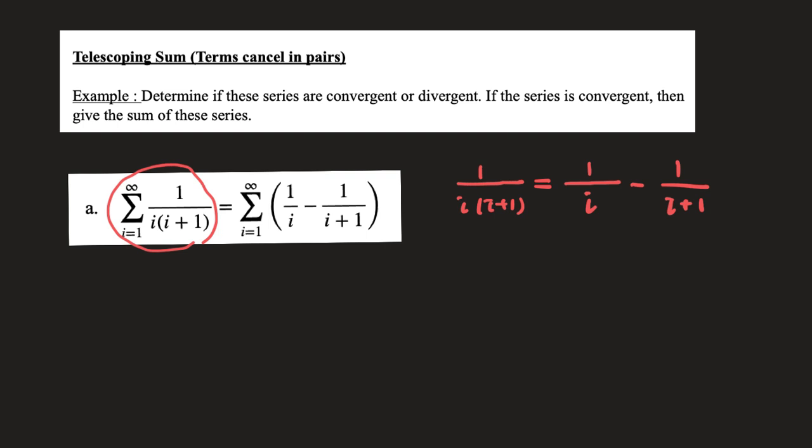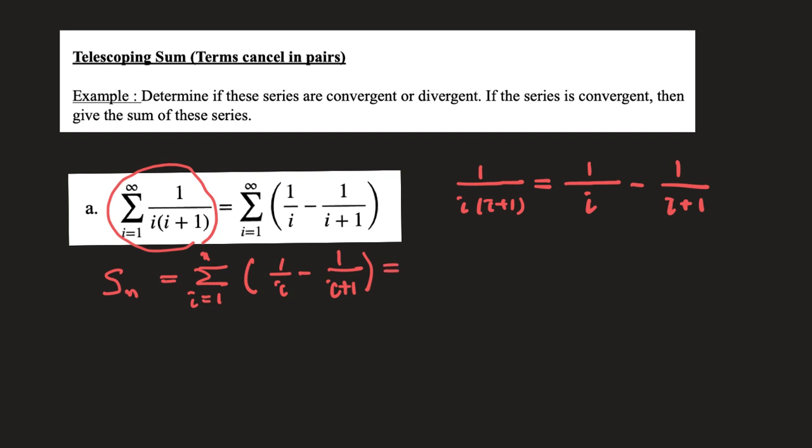Now, this one is a sequence. We have to find the partial sum. The partial sum is Sn, the summation i equal 1 to n of 1 over i minus 1 over i plus 1. Let's find the partial sum first.